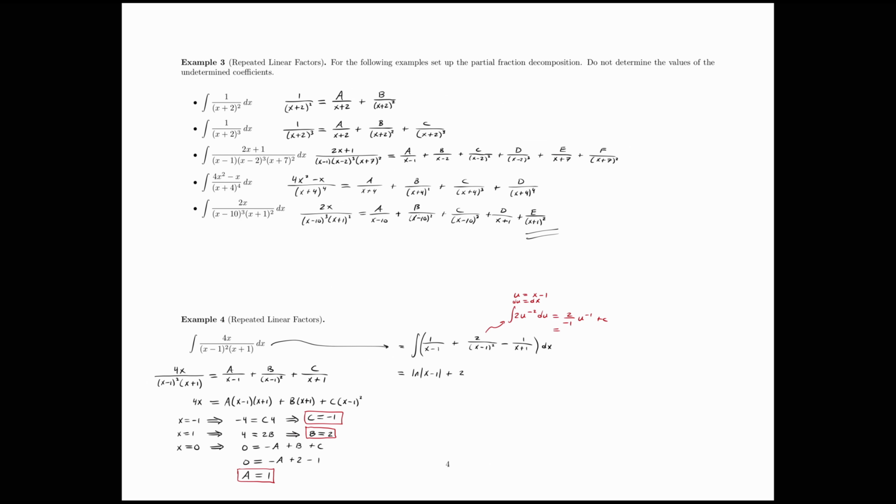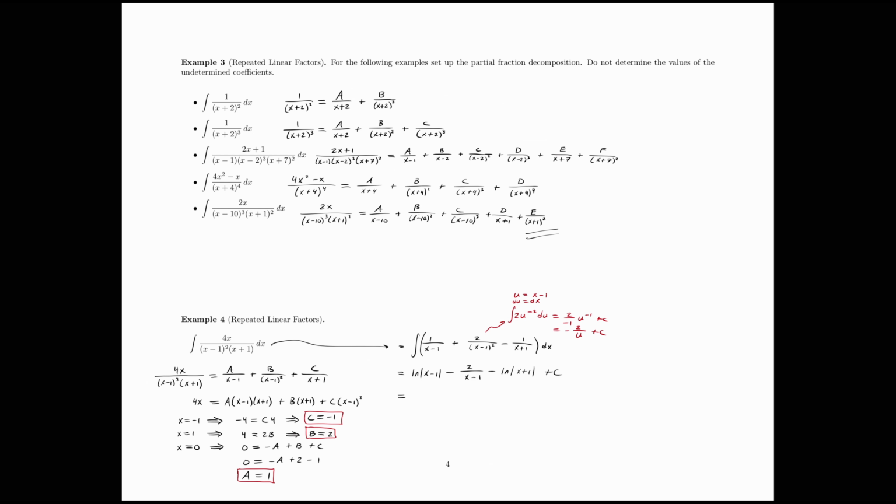So this would be negative 2 over u plus c, and u is x minus 1, minus natural log absolute x plus 1 plus c.